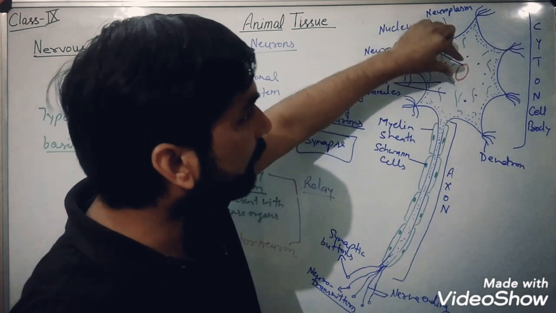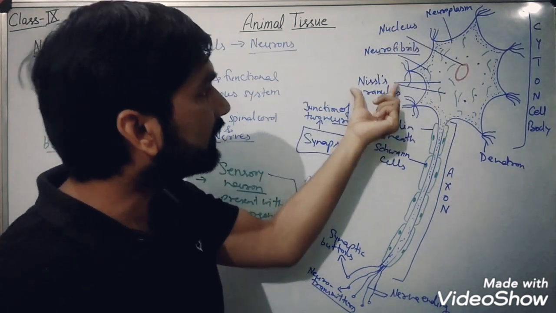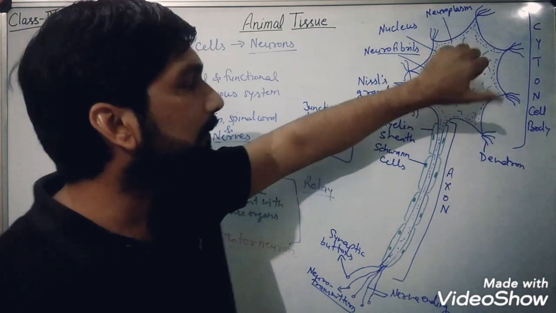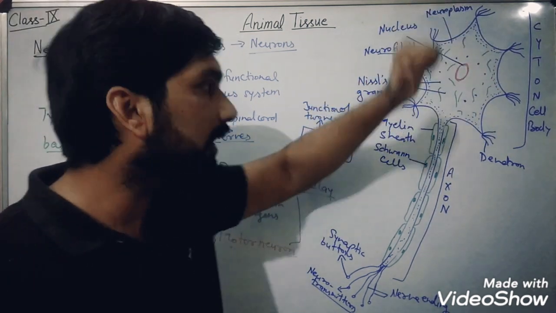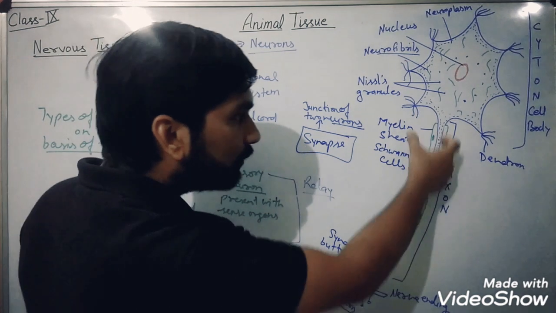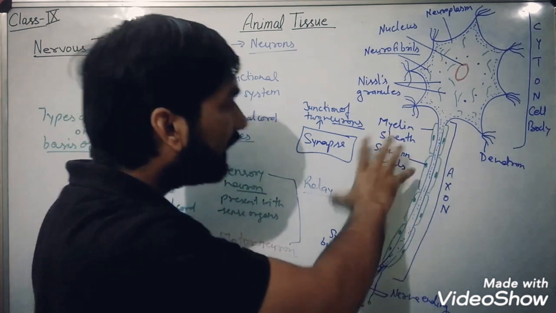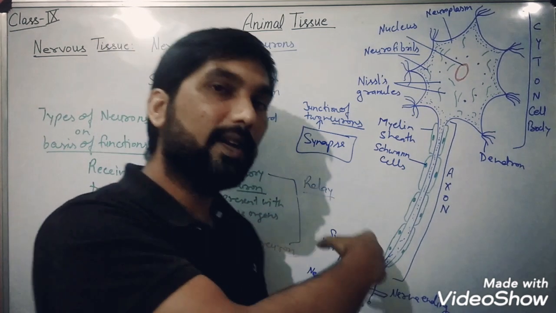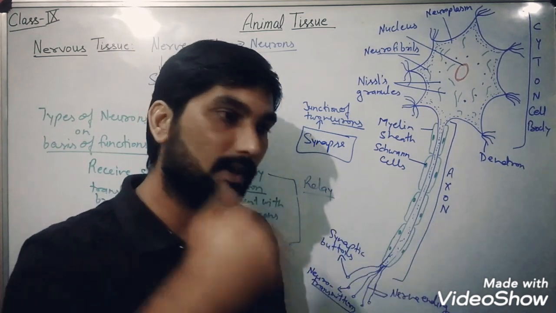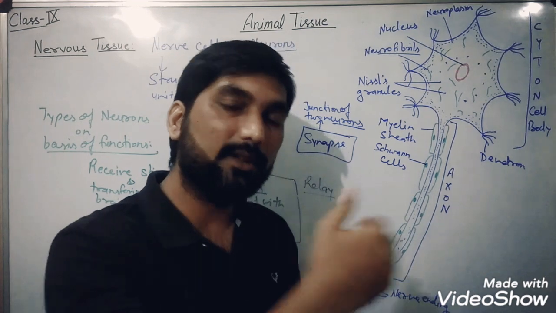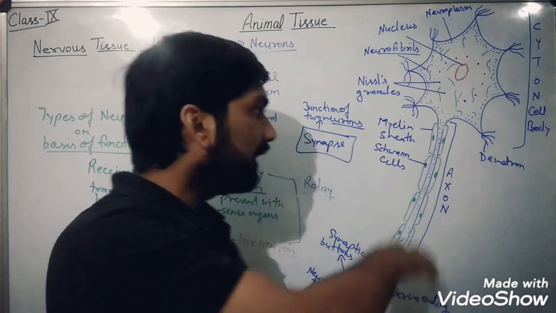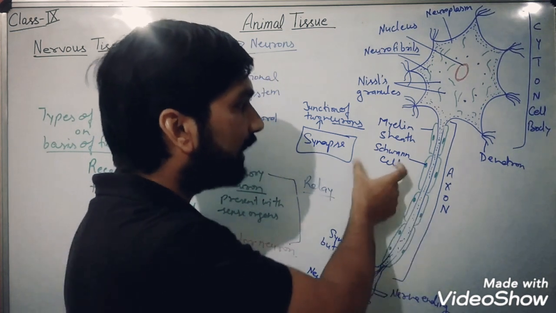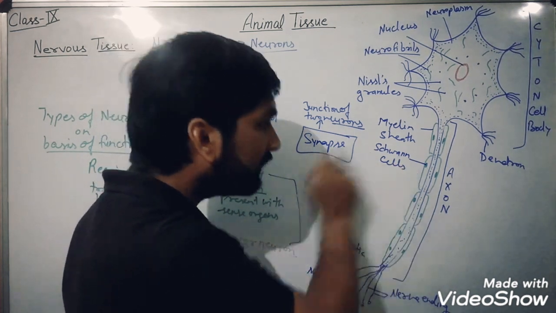The cyton has a nucleus, Nissl's granules and neurofibrils, and the cytoplasm of the neuron is known as neuroplasm. The axon has an insulated covering which provides rapid transfer of impulses. This myelin sheath is produced by specific cells known as Schwann cells.